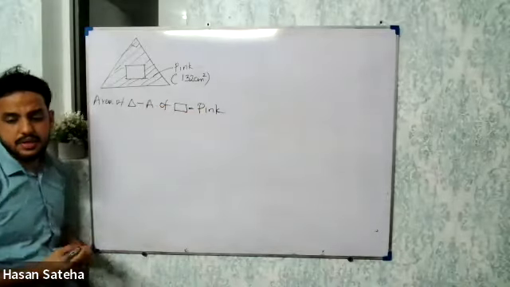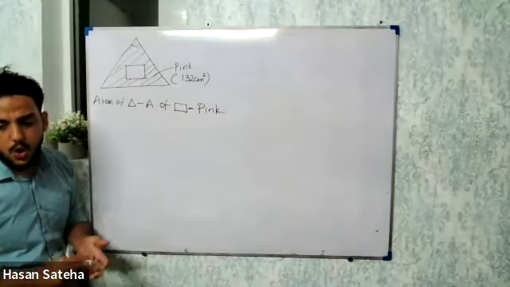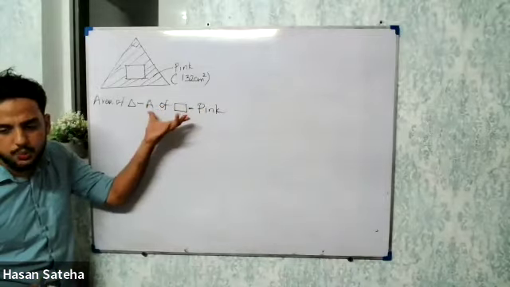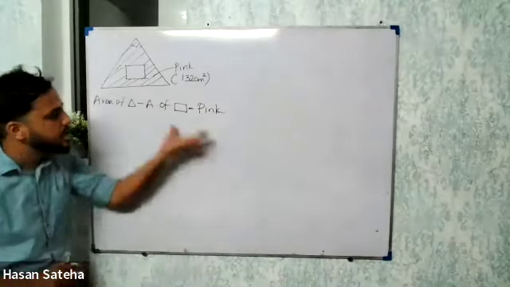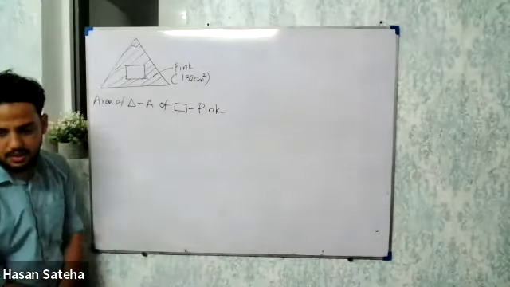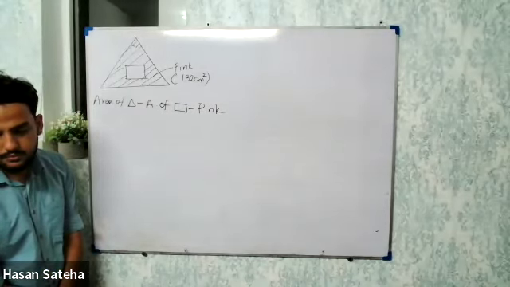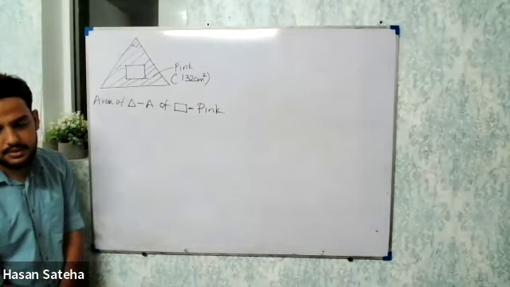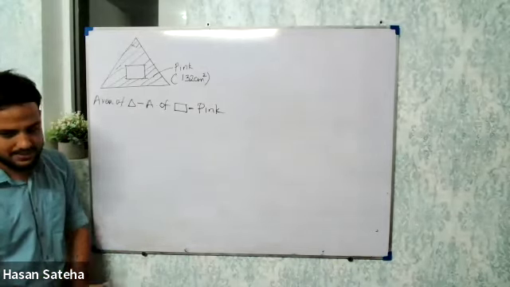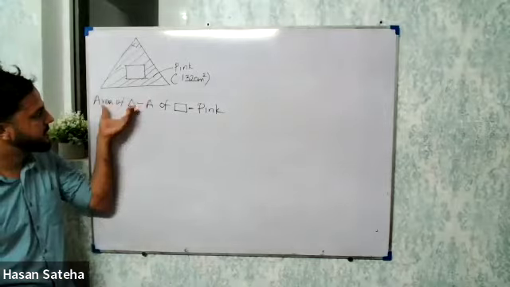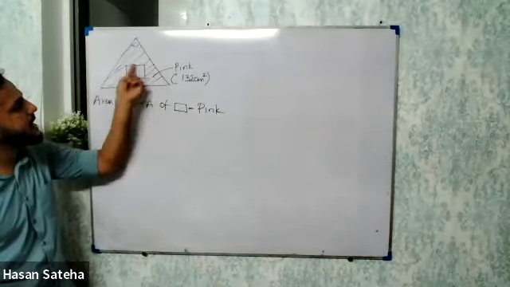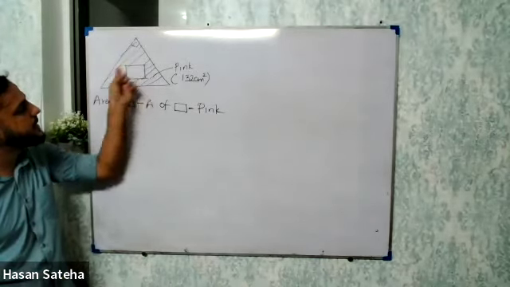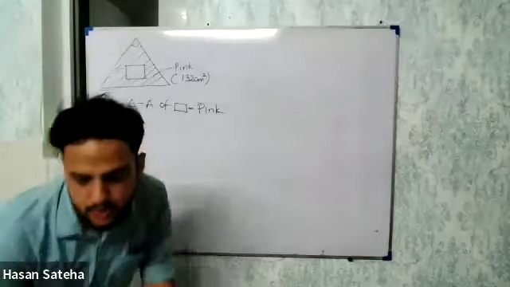Is this clear, everyone? Is this relationship okay? Always this equation part is important. Without the equation, you can't do anything. Is this relationship okay, everyone? Only Aman is replying. What about others? Is this okay? Area of the triangle minus the area of the rectangle, that is this pink color portion.